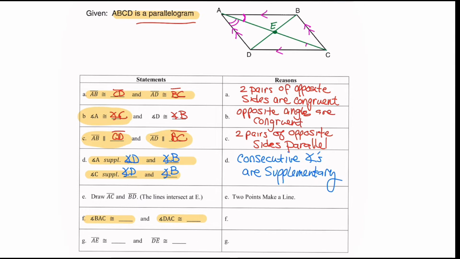So this angle here is congruent to this angle up there, and the double arc is going to be congruent to the double arc that I just put in there. So we just need to name those angles. BAC is congruent to DCA. And DAC is congruent to BCA.